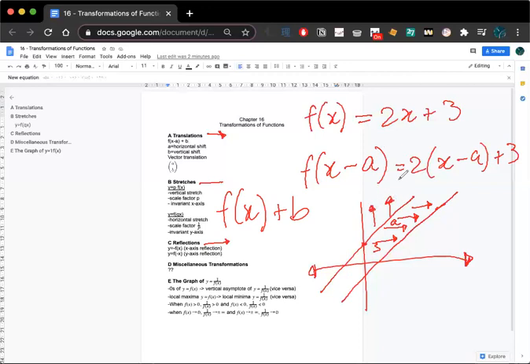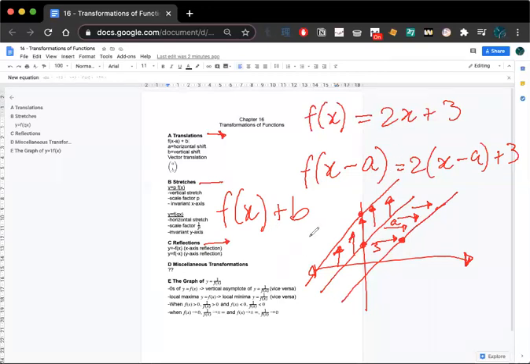So it would come like this. From this point, it would go into this point.